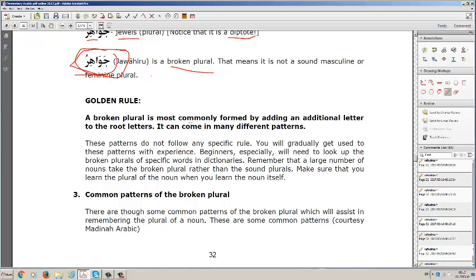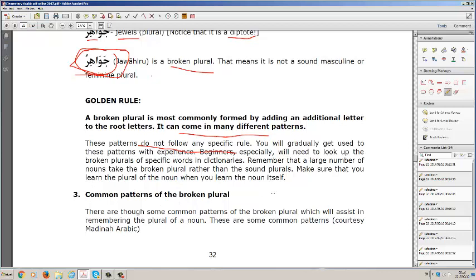So a broken plural is most commonly formed by adding an additional letter to the root letters. And as we will see, it can come in many different patterns. These patterns do not follow any specific rule, as we said. You will gradually get used to these patterns with experience.